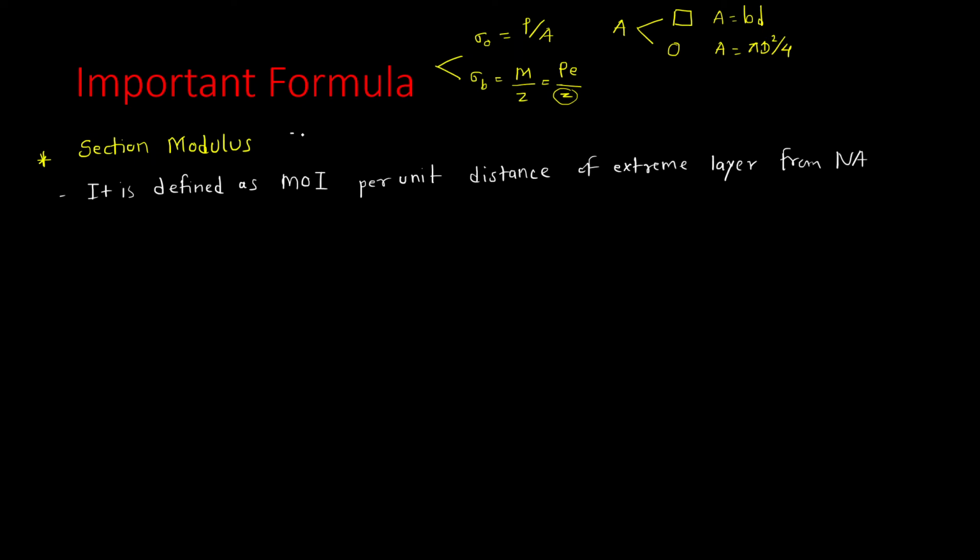So it is denoted by Z. We just have to remember this formula. This Z is equal to I divided by y max. Very important formula, where I stands for moment of inertia.